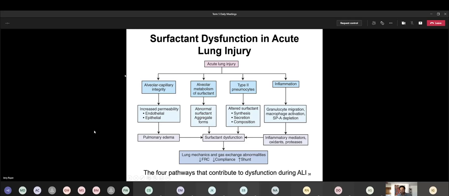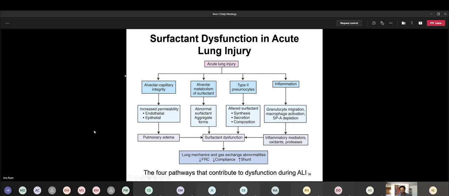That's going to ultimately affect your SP-A proteins, the hydrophilic ones. And then that's going to snowball, because inflammation brings more inflammation due to all the mediators released when there is inflammation. So you've got more inflammation on top of more inflammation.